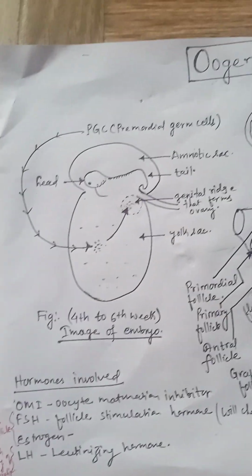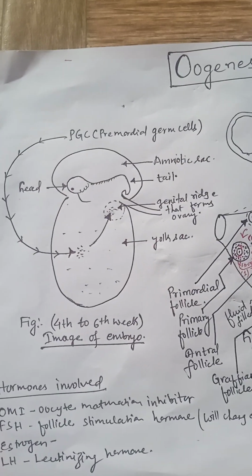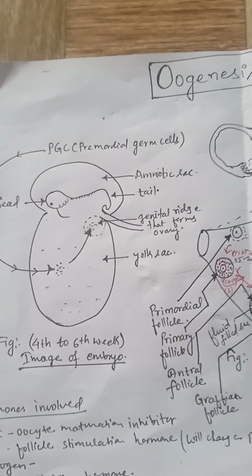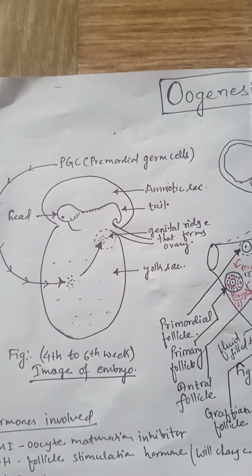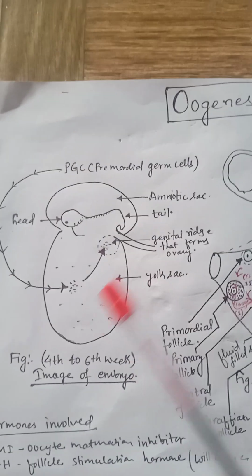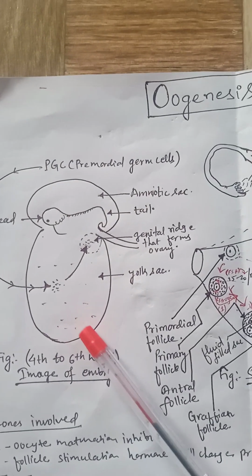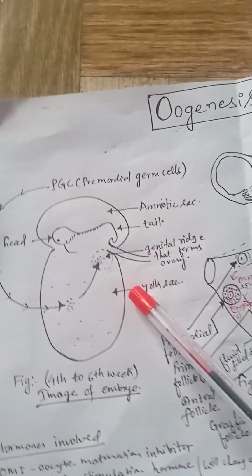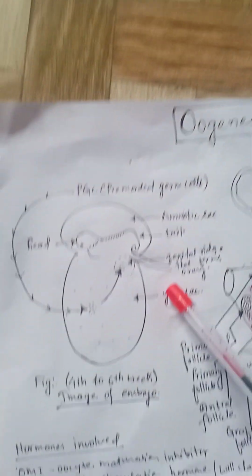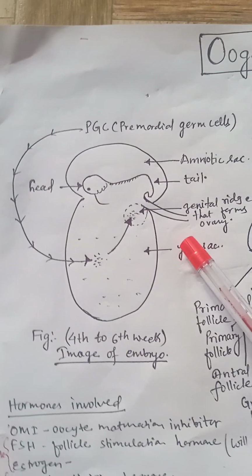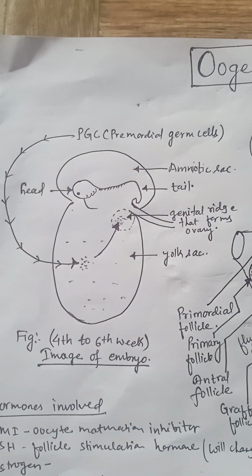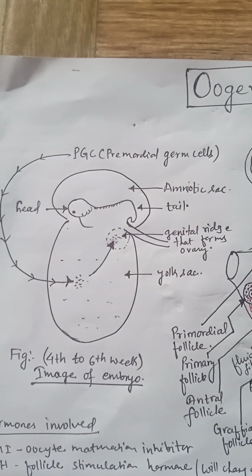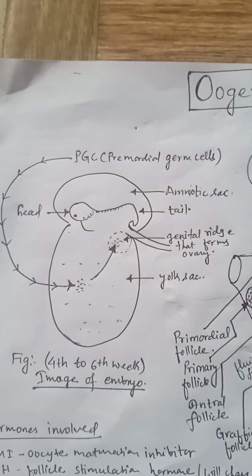So let us see what happens during the development of the 4 to 6 week embryo when it is inside the uterus of a mother. It is an embryo of a female child. Before this, in the previous diagram, we can see in the embryo there is a separation of different layers of cells known as epiblast, hypoblast, and endoderm, and others like that.